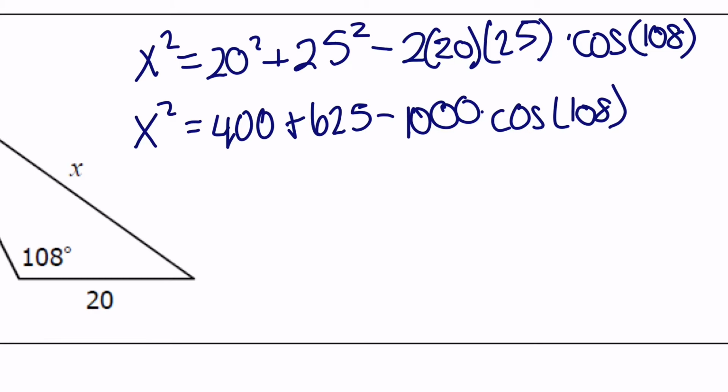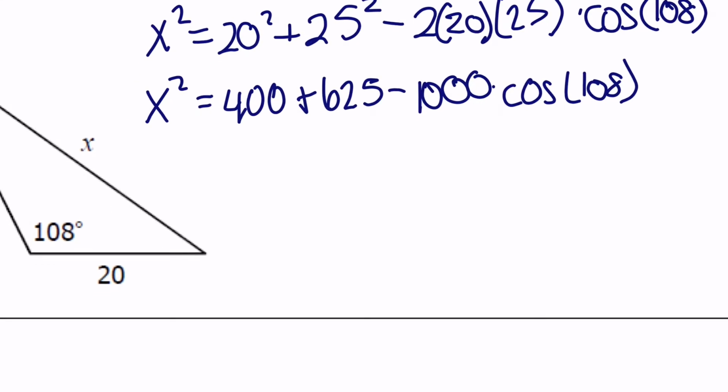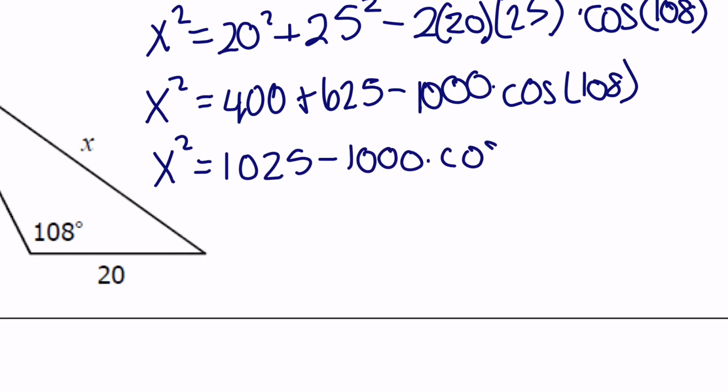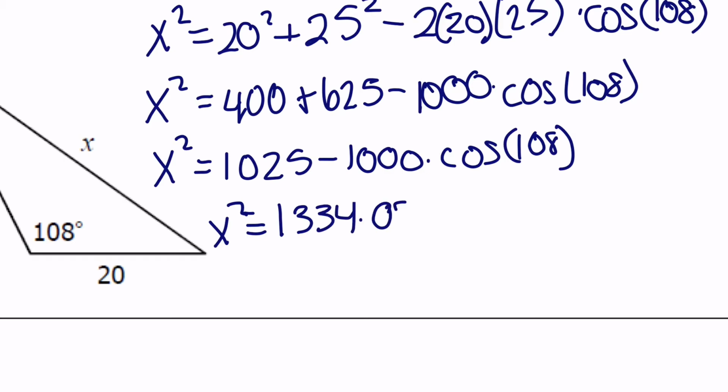Okay. So then x squared equals 1,025 minus 1,000 times the cosine of 108. And then x squared equals 1,334.02.